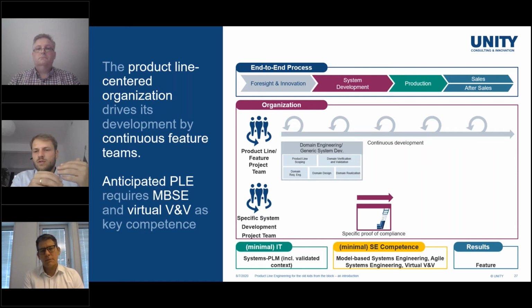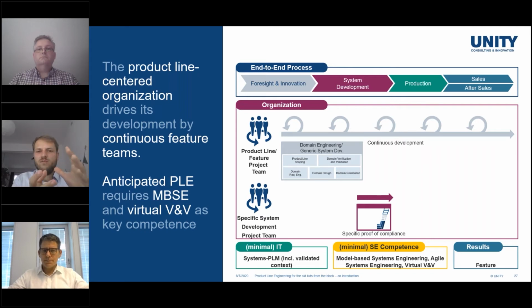As you might notice, consistency of data is very important. So you want to have your model-based systems engineering in place, and you need to have adaptability of your system. So that's why an agile systems engineering approach is important, to have a flexible architecture, to have very smart modules that you can interchange, so that you have a good basis for your different features that are to be developed.